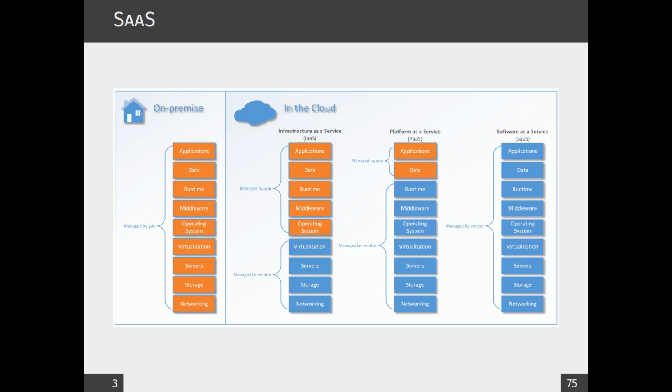Then we have platform as a service, which means apart from applications and data, all the others are managed by the vendors. In that case, we can say Google Cloud, AWS, Oracle Cloud Platform, Red Hat OpenShift. These are some of the examples where they provide it as a platform as a service.